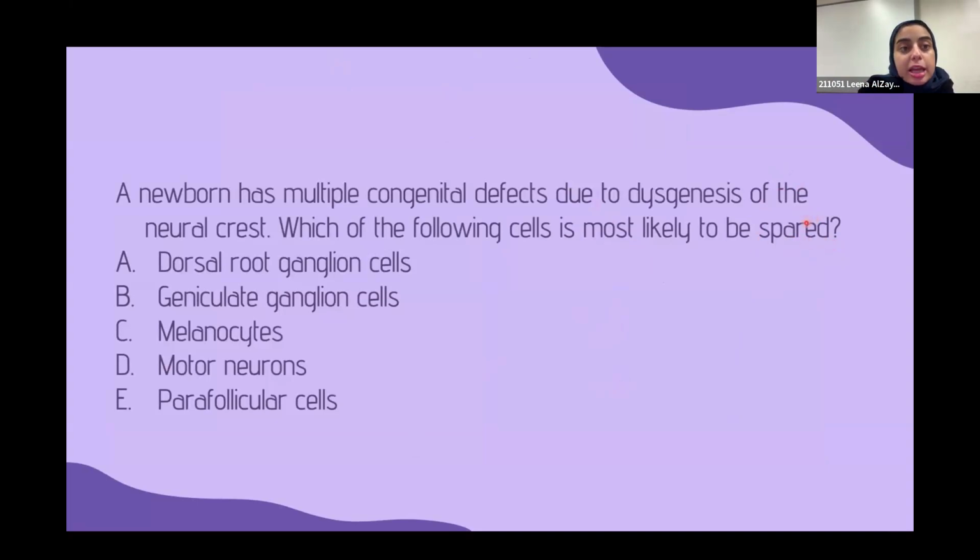So the word spared makes a whole difference because I don't want you guys to get confused. What's spared is what's left. So what's left is the motor neurons because we said it does the dorsal ganglia, not the ventral. It does melanocytes, parafollicular cells. It does the geniculate body, which is sensory, dorsal root ganglia, which is sensory. Okay? So the answer is D.